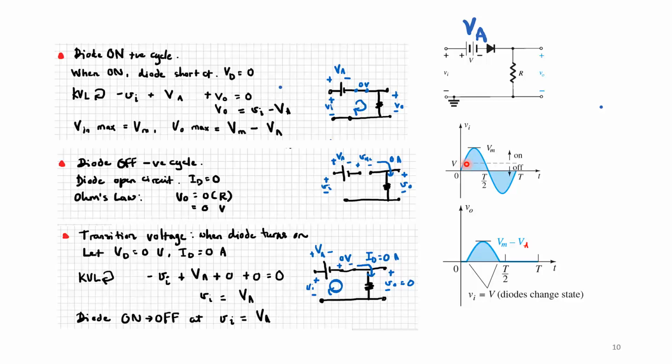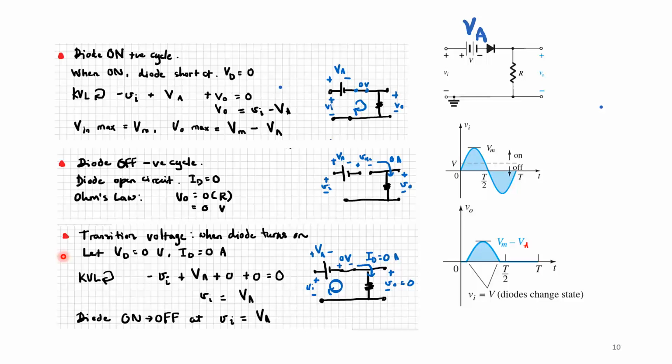So it's always good to consider KVL to find the transition voltage, which is when the diode turns on. When we try to find the transition voltage, we consider the point where the diode starts to turn on, but there is no current flow through it yet. So this is the point that we use: let VD equal 0 volts and ID equal 0 amps.